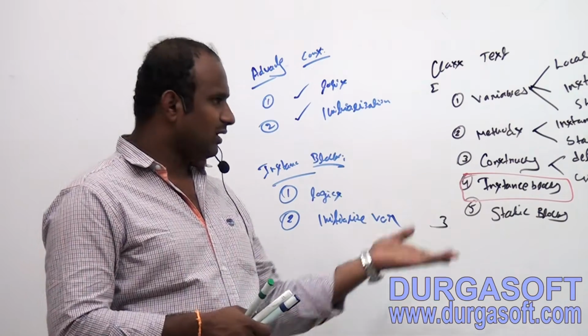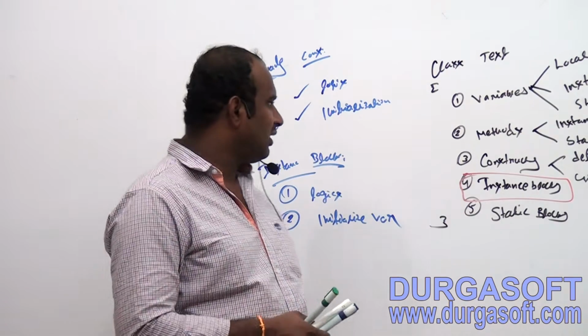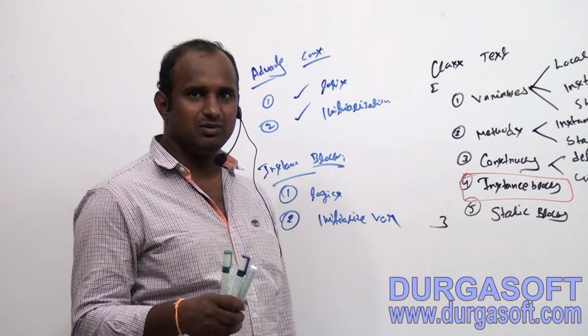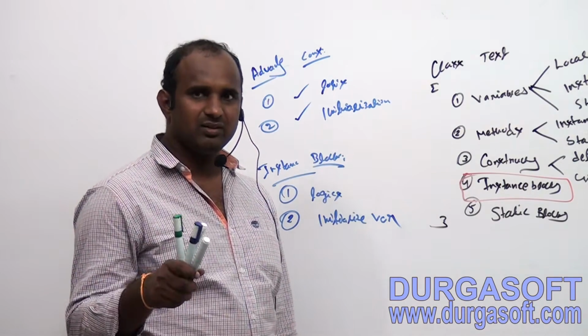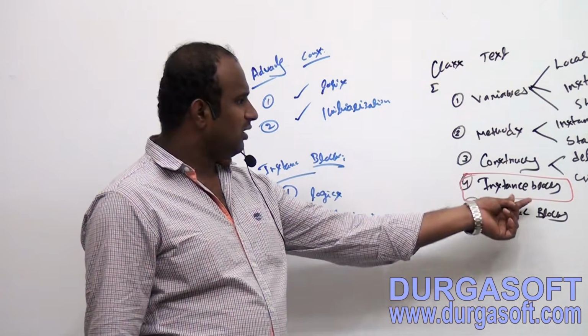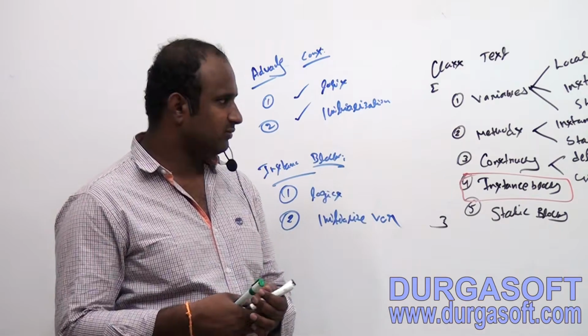Before going to the example, you know how to declare constructors: the constructor name is the same as the class name, it is able to take parameters, and constructors are not allowed a return type. And what is the syntax of instance blocks?